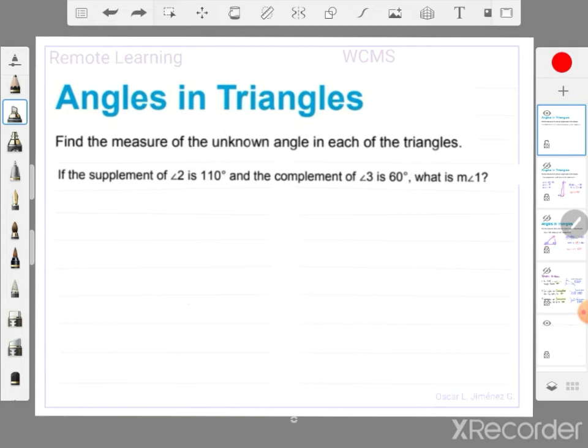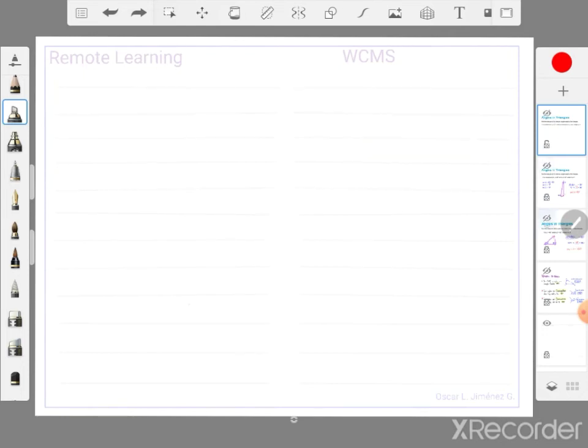Okay, so in this exercise, we are going to use the three properties, because we have supplementary angles, complementary angles, and the sum of the three angles of a triangle. So please, let me show you again the three properties.